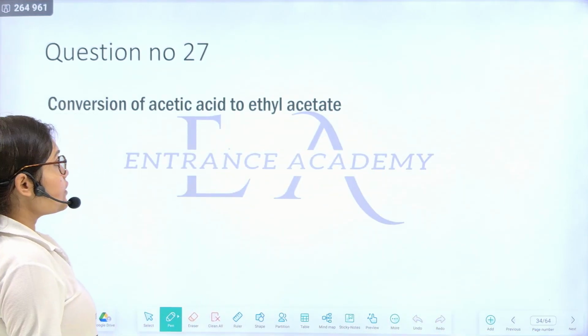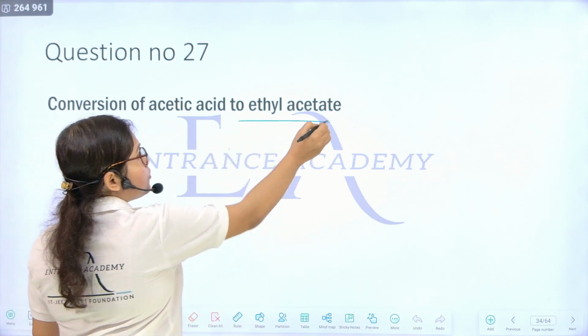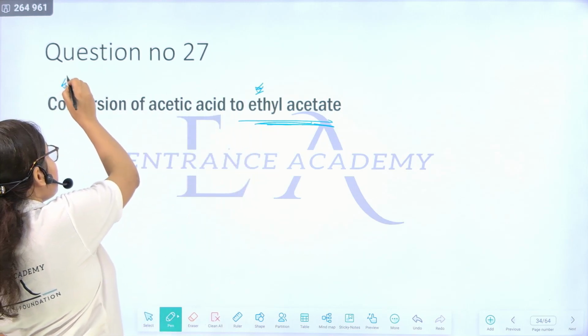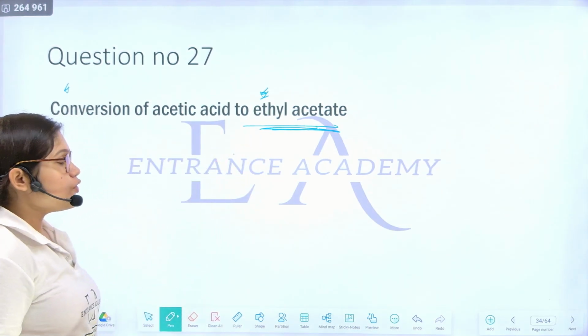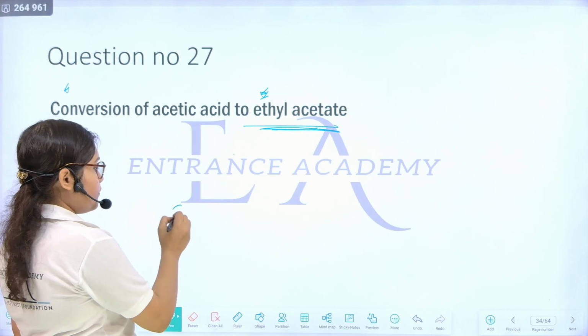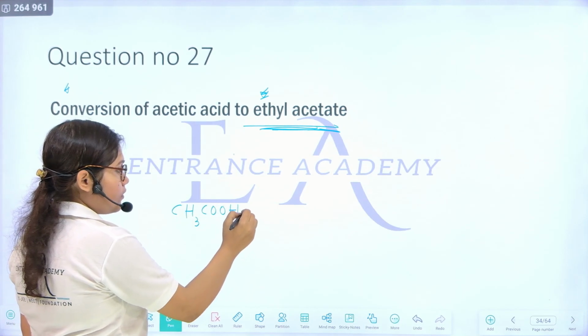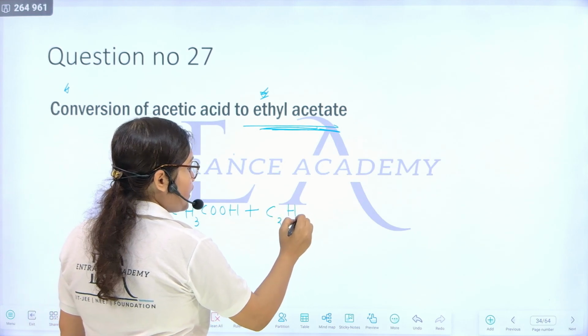Conversion of acetic acid to ethyl acetate. So ethyl acetate, this is the most important topic, most important question, this one. So acetic acid to ethyl acetate. Acetic acid is this, plus ethyl alcohol.